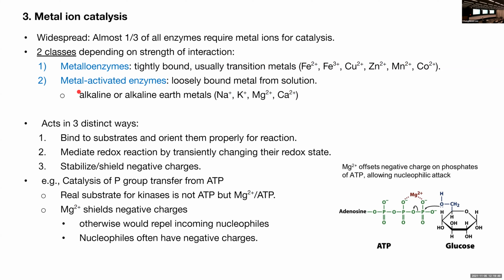The third type of catalysis is metal ion catalysis, and this is happening a lot. So it's widespread because almost 1/3 of all enzymes in the living system require metal ions for catalysis. And that's because just forming enzymes with amino acids has limitations in terms of their specificities or type of reactions and so on.